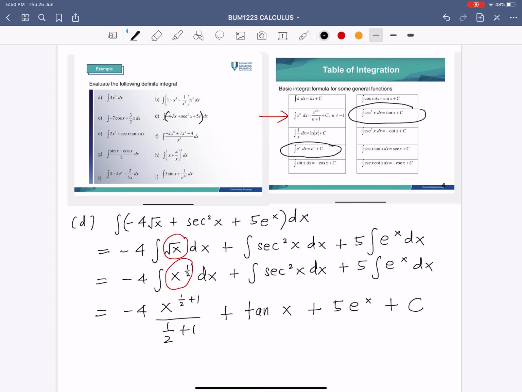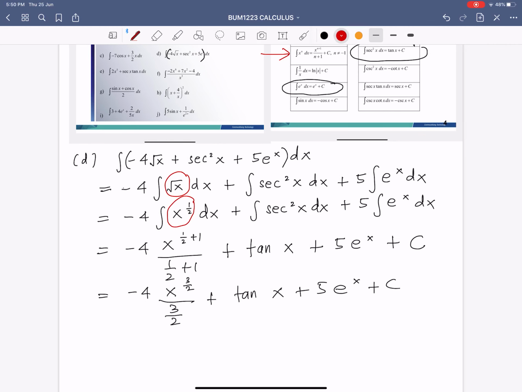Okay. If you see at this level, we already performed the integration, so we need to end the result with a constant plus c there. So this is equal to negative 4 x power of 3 over 2 over 3 over 2 plus tangent x plus 5 e power of x plus c. And here, similar to our previous example, we have fraction in fraction.